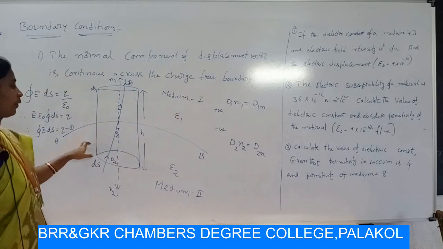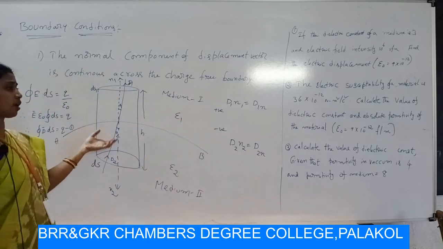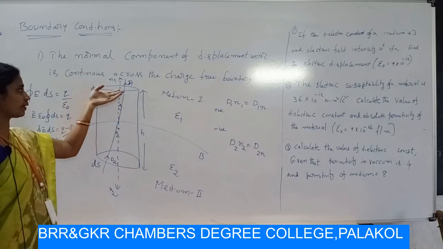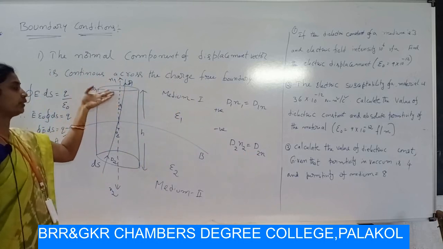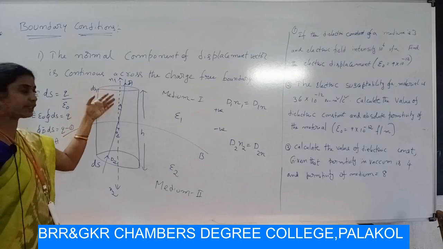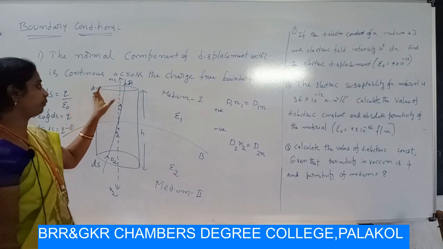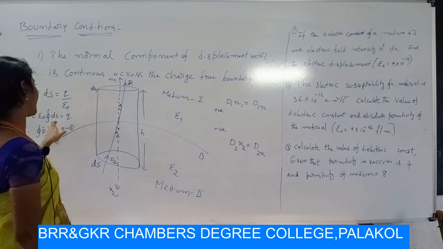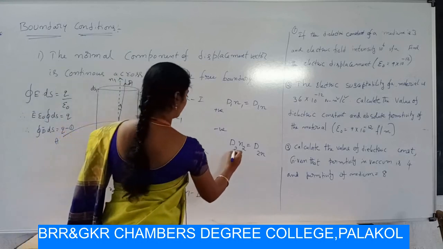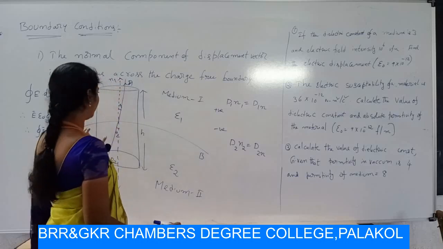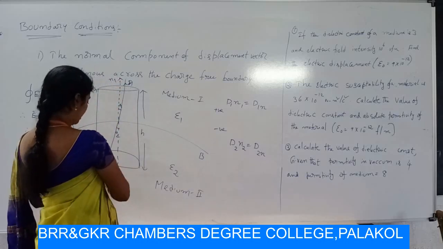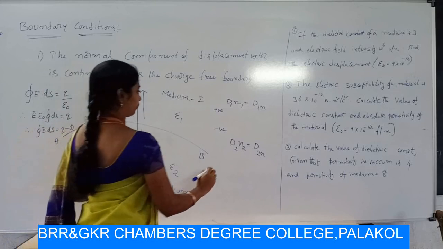According to Gauss law, the flux enclosed within the surface dS is equivalent to the charge enclosed within that area dS. So we can write that the charge is equivalent to the flux through areas dS1 and dS2.